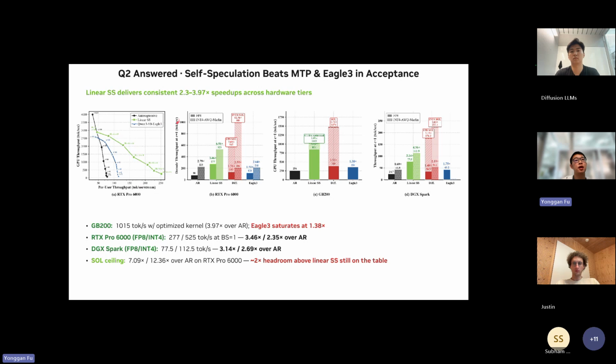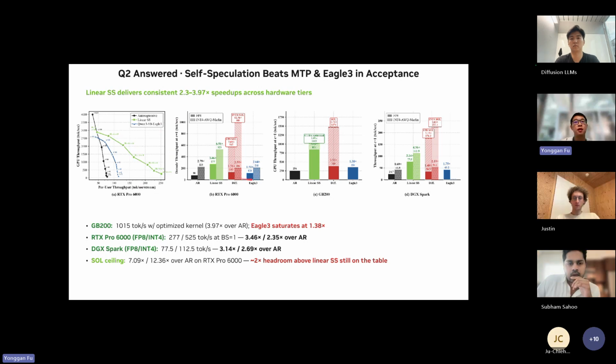The top right is the best. The other three figures are under batch size 1 evaluation, across different devices: RTX Pro 6000, GB200 GPU, and your personal PC, the DGX Spark.